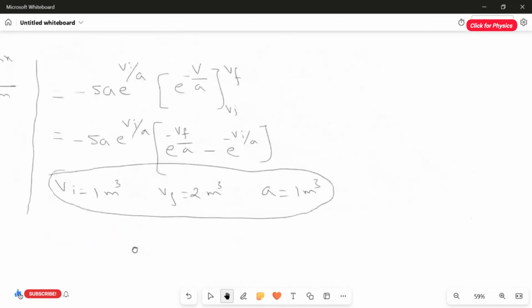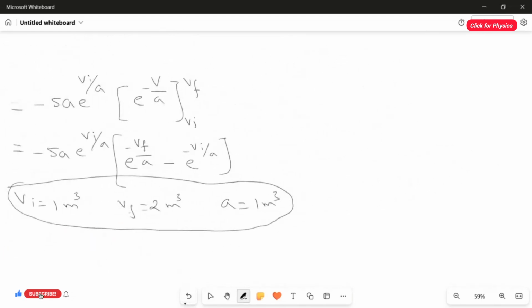If you substitute, what you will get? You will get the answer for this work done, W, which is equal to minus 5 times of a value is 1, so 1, e power vi value is 1, so 1 over 1 is 1, right? So I substitute all these values in this equation.